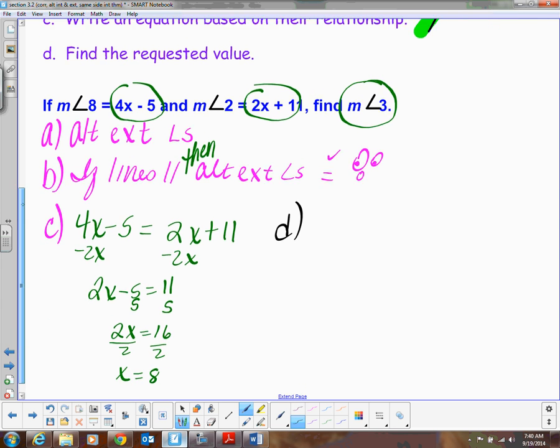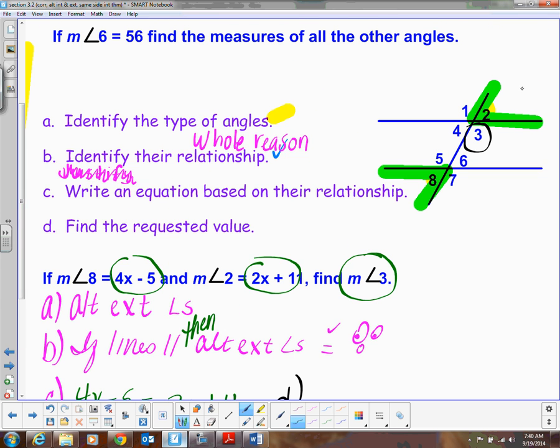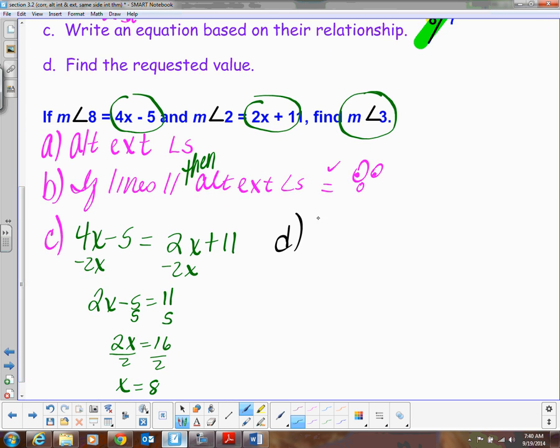So if you could find the measure of angle 2, will you be able to find the measure of angle 3? So now we're going to find the measure of angle 2, which is 2 times 8 plus 11, which is 16 plus 11, which is 27.